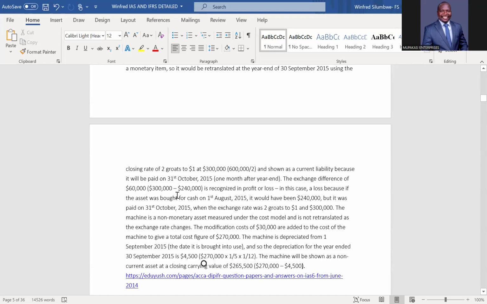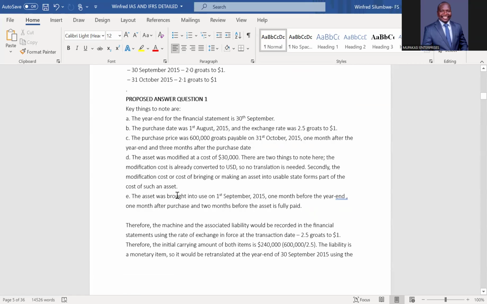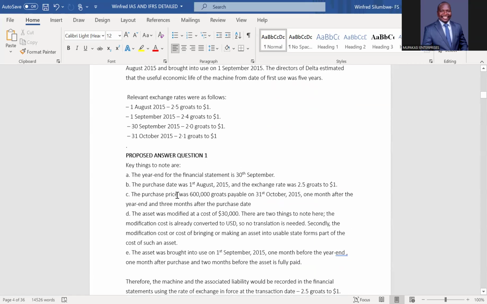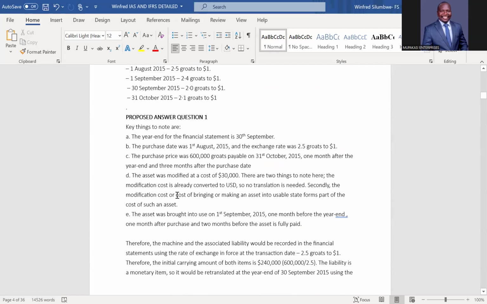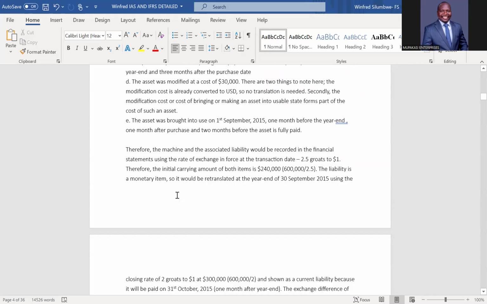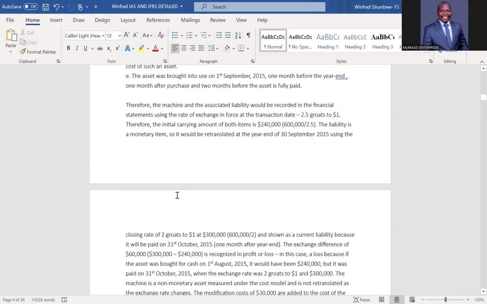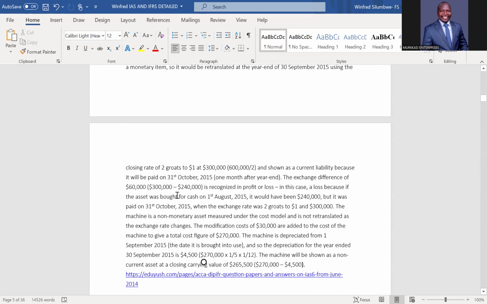In fact, just at September, on the machine we've already lost $60,000. So by the time we're going to pay in October, I'm sure you are going to find that there will be another loss, but not as much as 60,000. So this is how you attempt this question.